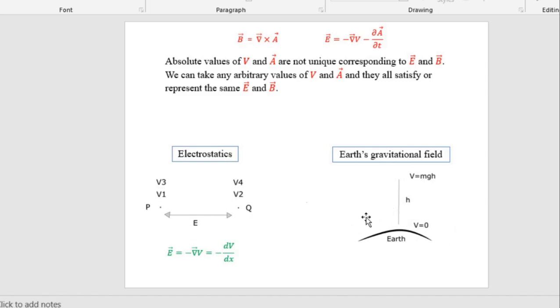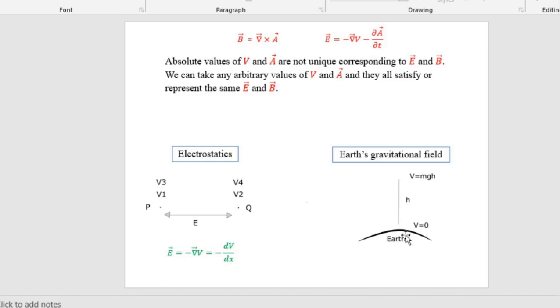So what we know about this system is that we choose the gravitational potential energy as 0 on the Earth's surface, and we define the potential energy at height h as V is equal to mg h. But we also know that we can have some non-zero value of potential energy on the Earth's surface, which can be shown from some other calculations.